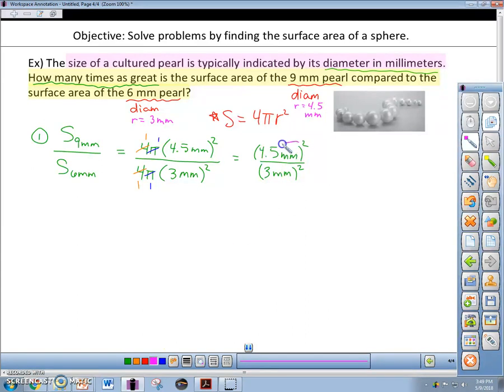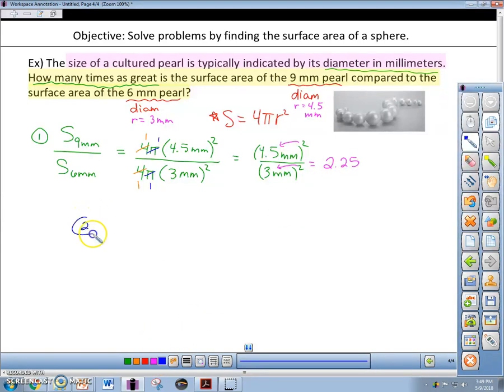So we're looking at our 4.5 squared, our 3 squared, and using our calculators, that should give us 2.25. And the units of millimeters squared on both of these also reduce out. So we really only have this multiplying factor.